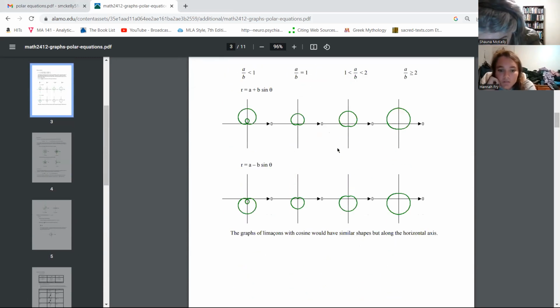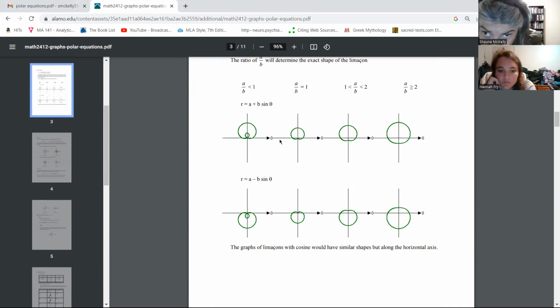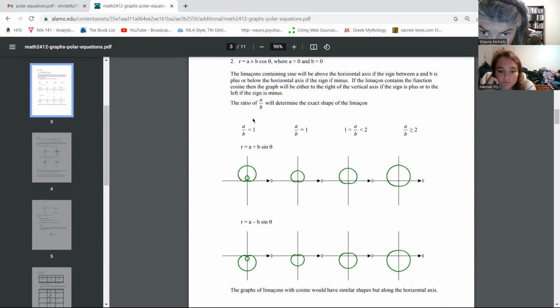So let me show you. This is what I was looking for up here. The limaçons containing sine will be above the horizontal axis if the sign between A and B is plus, or below the horizontal if the sign is minus.